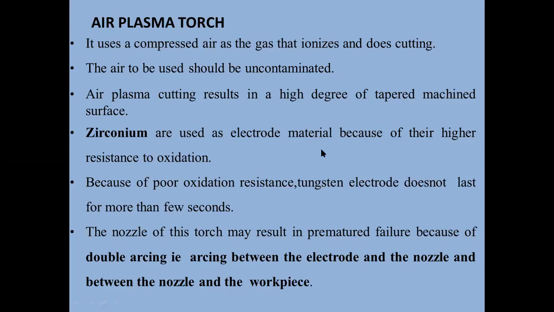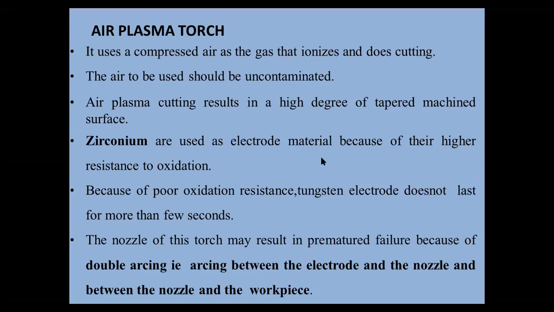The advantage of the air plasma torch is that as zirconium electrode material is used, oxidation is reduced, and tapered surfaces of a high degree are attained, but there is the disadvantage of premature failure of the nozzle. These are the basic features of the air plasma torch.